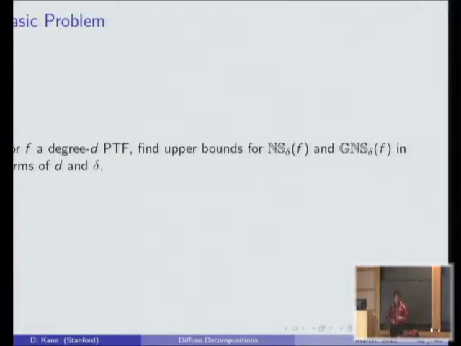So the basic problem that gets looked at here is if f is a degree d polynomial threshold function, we'd like to find upper bounds on the noise sensitivity of f with parameter delta and the Gaussian noise sensitivity of f with parameter delta in terms of d and delta.